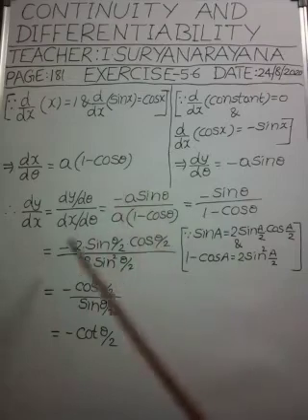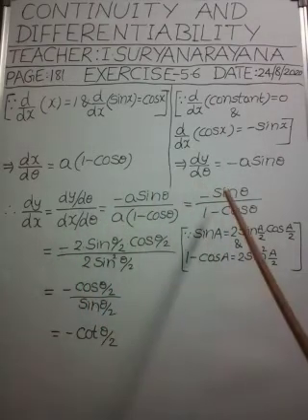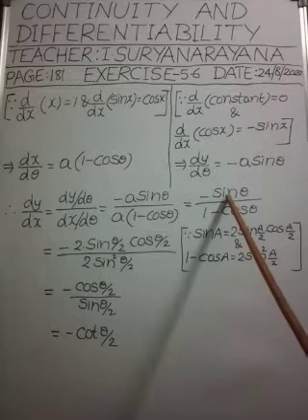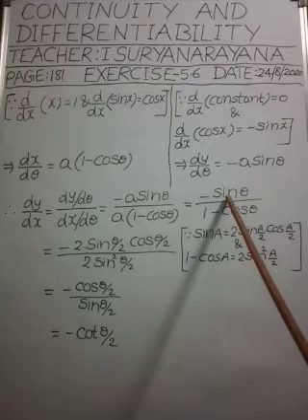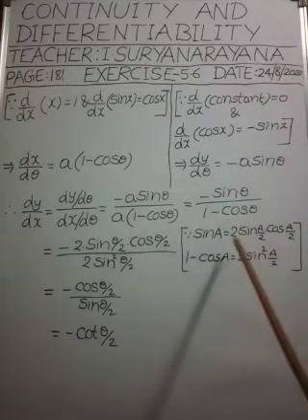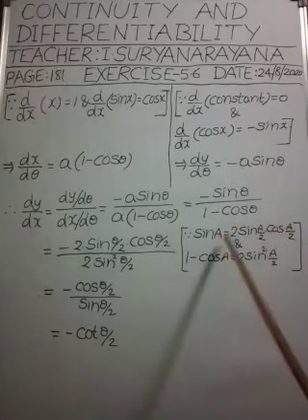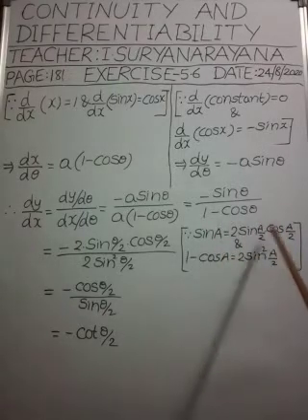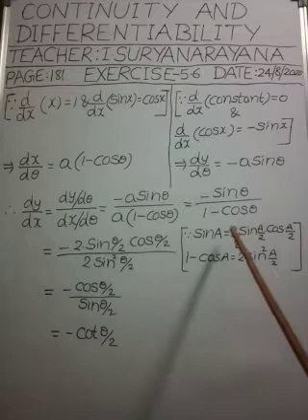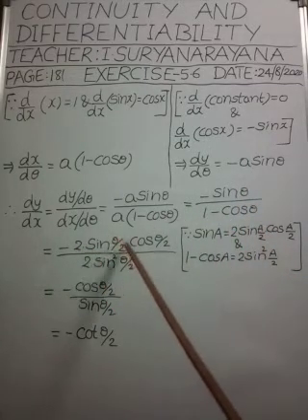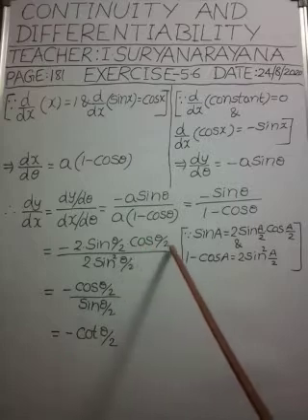Right. That is equal to minus, here sin theta is there, we use here half angle formula. Do you remember the half angle formula, my dear children? Yes. Sin A is equal to 2 sin A by 2 cos A by 2. This is called half angle formula. So in the place of A, theta is there, so we write that formula 2 sin theta by 2 into cos theta by 2.